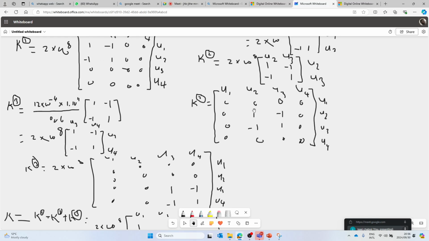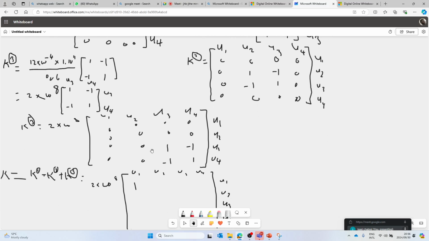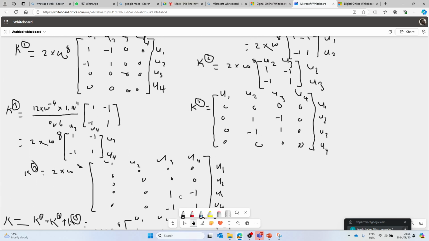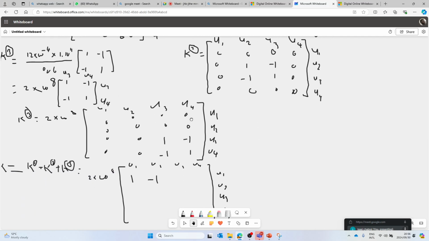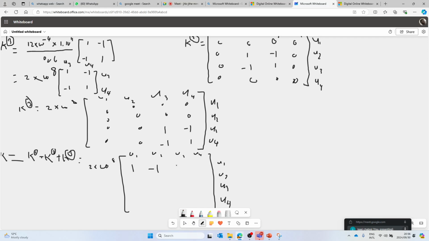Minus 1, 0, 0 is minus 1. Now you are having the global still. You are adding everything. Look at how we are doing it. First row of this one is adding first row of this one is adding first row of this one. So 0 plus 0 plus 0 is 0. 0 plus 0 plus 0 is 0. That's the reason why here we have 0, 0.